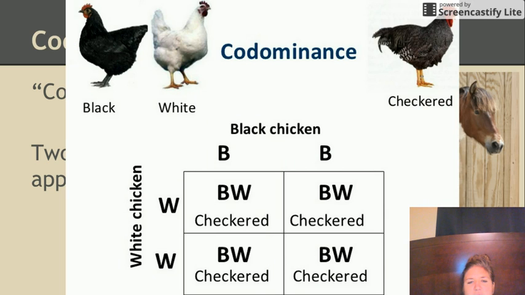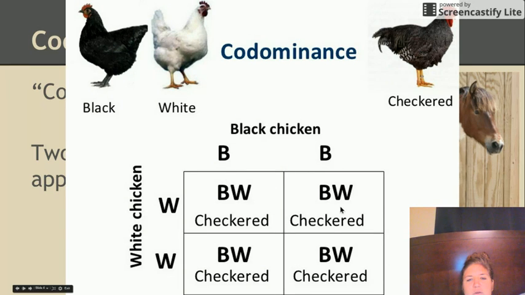Another example of this would be in a Punnett square, if you were to cross this black chicken and this white chicken. One thing that you'll notice is that both are homozygous dominant. So they're both dominant traits, but they exhibit a codominance where one does not shield the other.